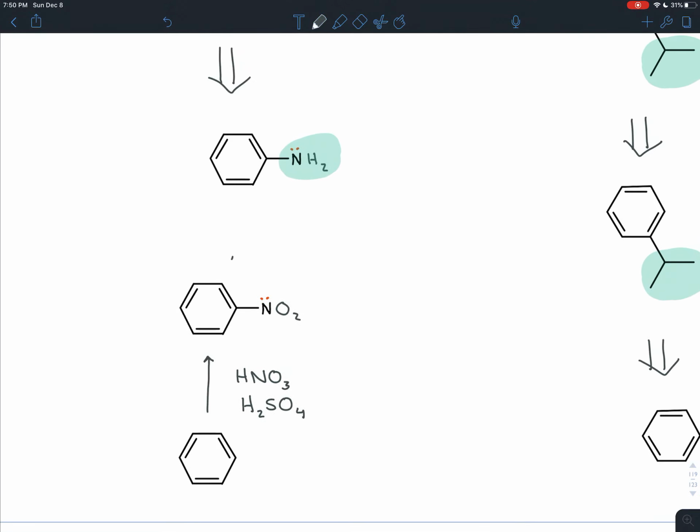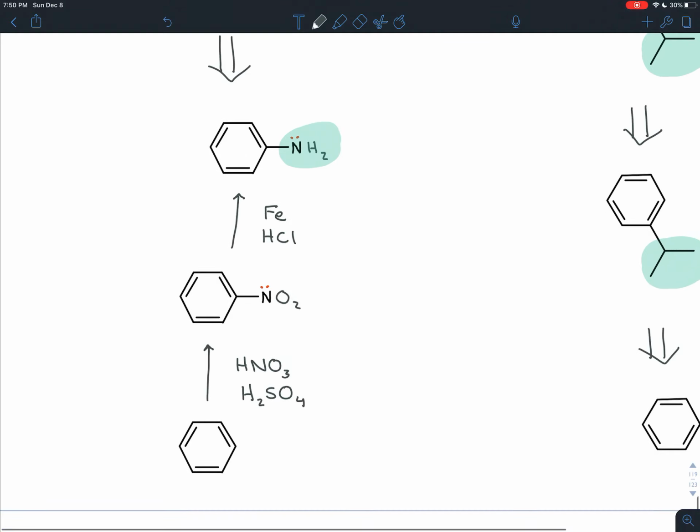Now we can turn a nitro group into an amine by doing a reduction. Change bonds to oxygen, an electronegative element, with bonds to hydrogen. The reduction that we use here, there's a specific recipe for this. It's iron or zinc in HCl. Again, this is one of those reactions that we saw in a previous chapter and that we brought back in that previous video on the reactions of aryl diazonium ions.